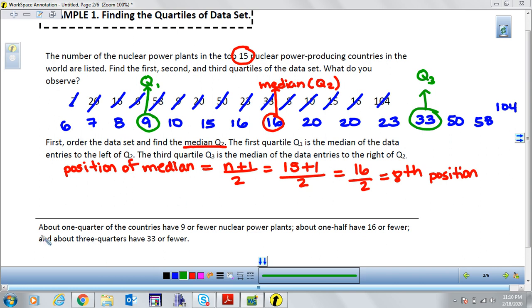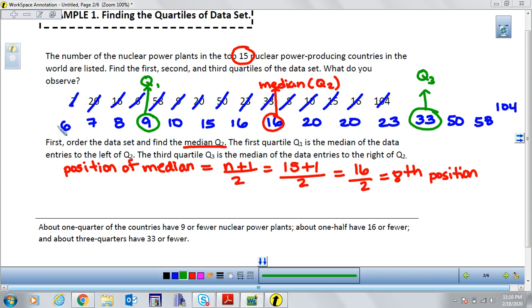Okay. So it says here, like an observation in the context of the situation of this problem. About 1/4 of the countries have 9 or fewer nuclear power plants.